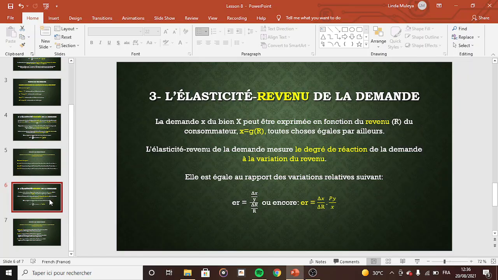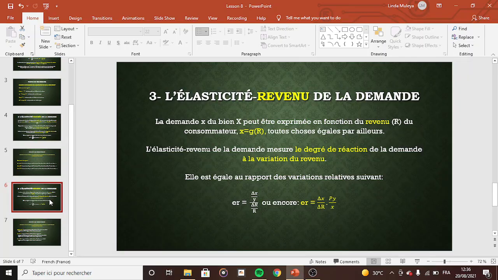Yeah, so the first phrase, la demande X du bien X peut être exprimée en fonction du revenu R du consommateur. So we have our function here, X is equal to G de R. Toutes choses égales par ailleurs. Again, ceteris paribus.